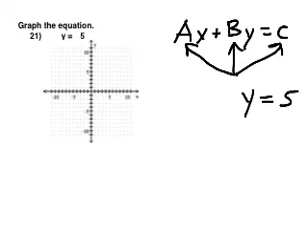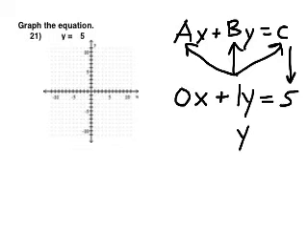The constant for y would be 1. The c here is 5. And if we added an x term, the constant for x would be 0. See? So no matter what x was, it would be just the value of y. So here, y equals 5 is where y is always 5.